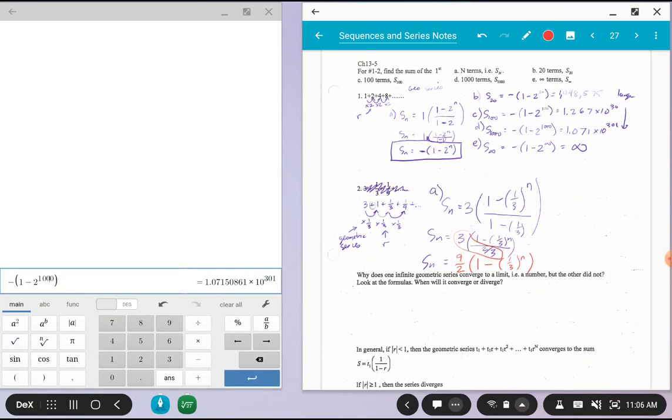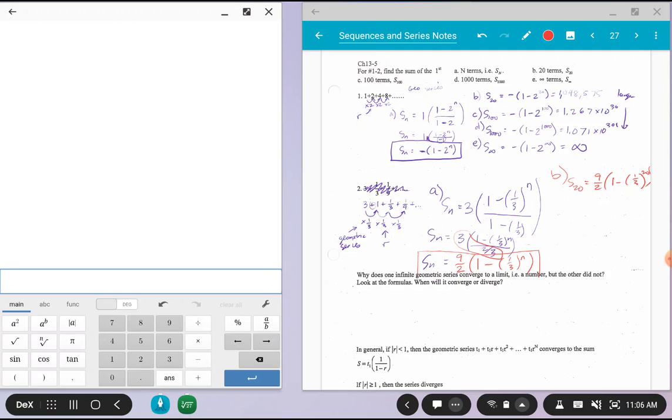Okay? All right, so from here we have our formula. That's part A. And then we can use that formula to answer B, C, D, and E. Okay, so let's go ahead and find the 20 terms now. So S sub 20 is equal to 9 over 2 times 1 minus 1/3 to the 20th power. Okay, so let's go ahead and enter that into our calculator.